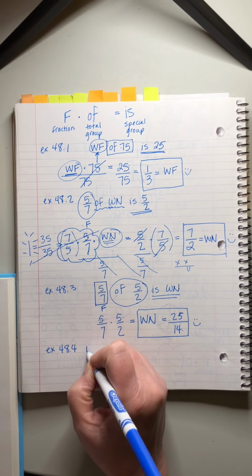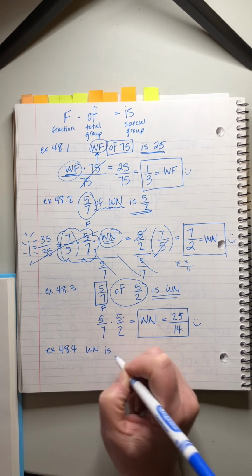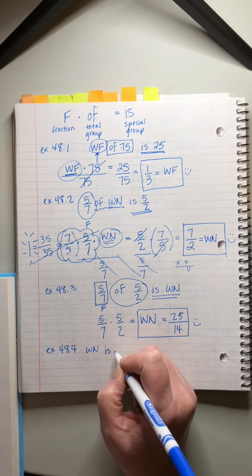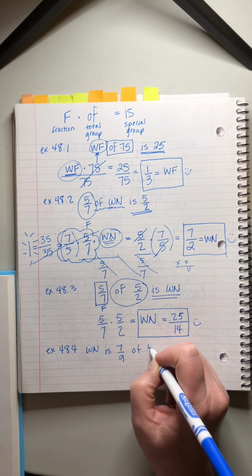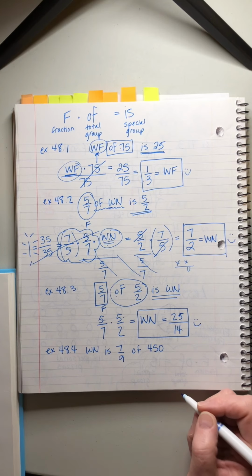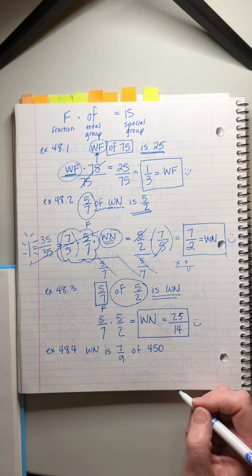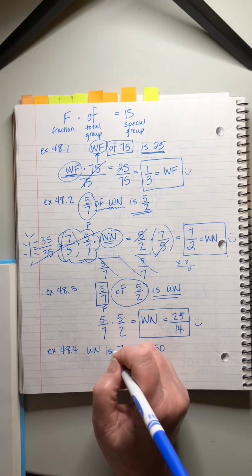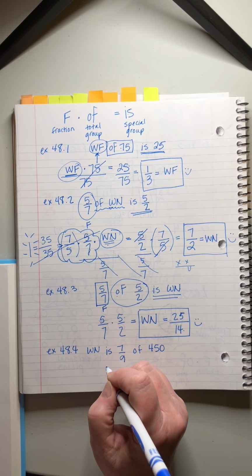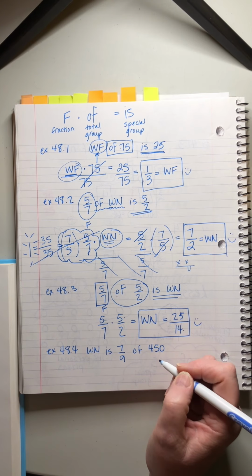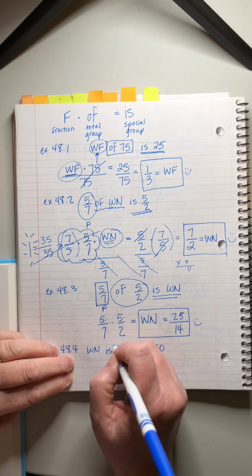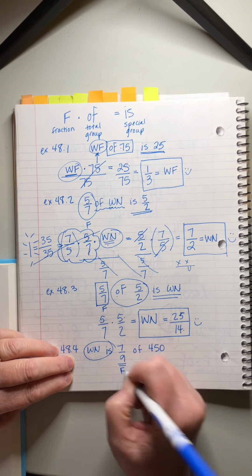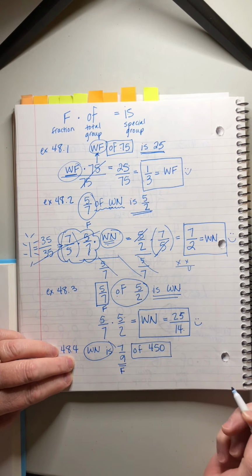What number is 7/9 of 450? Okay. What number is 7/9 of 450? 7/9 is our fraction, and there's our of number.